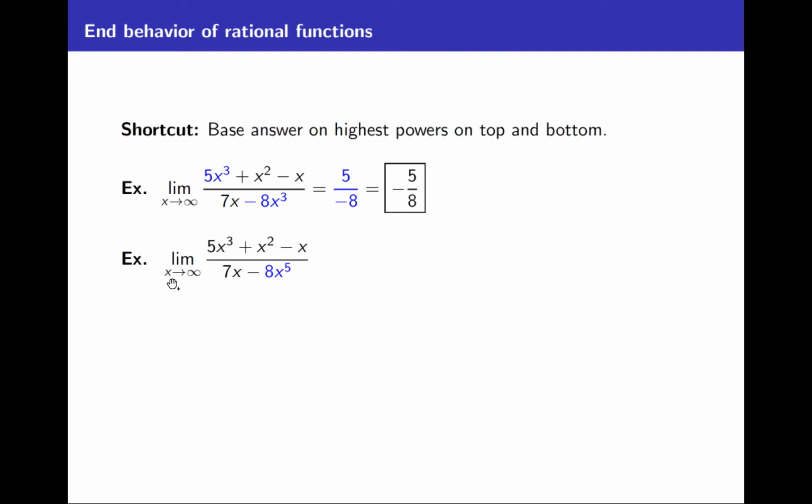That would approach 0 as x goes to infinity. But the minus 8x to the fifth over x to the fifth would turn into a minus 8. So we'd be getting in the limit 0 divided by minus 8, and that's 0. You're always going to get 0 if your highest power is only on the bottom, as in this case.